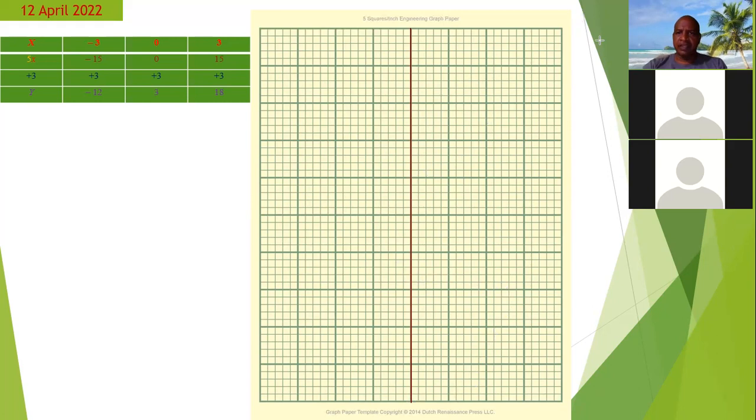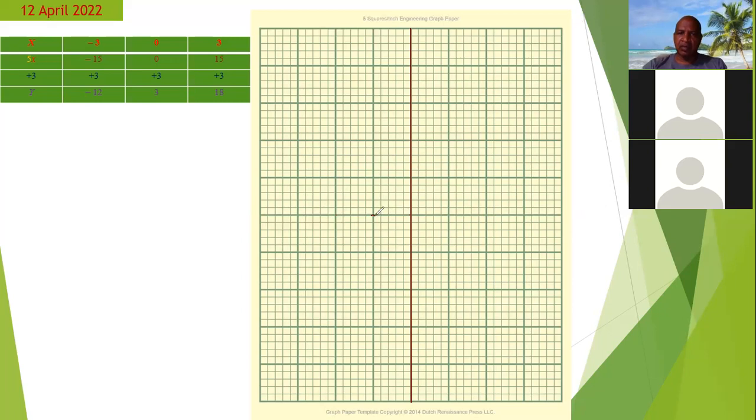Now, if we should check now to see whether or not we are able to count 3 units to the left. So from the y-axis, it should be able to go 3 units to the left. So if we start right here and we count 1, 2, sorry, at the y-axis we call that 0.